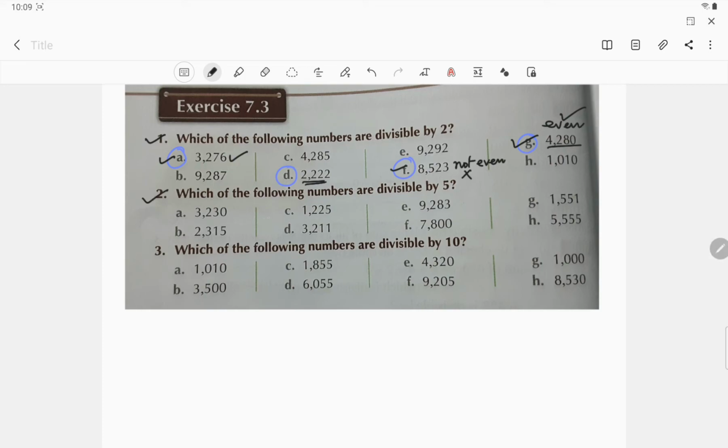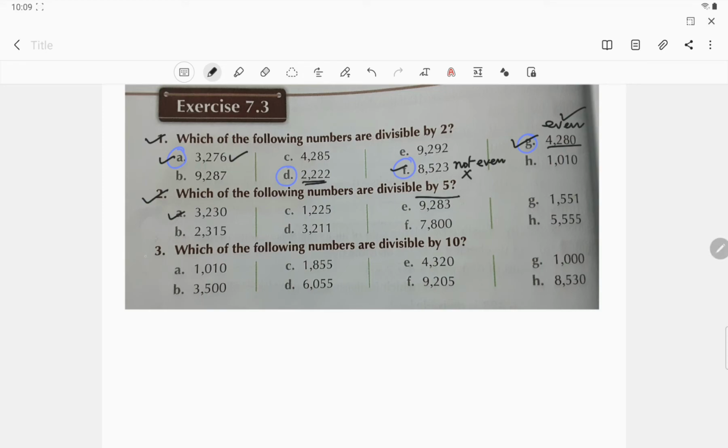Now 2 number, which of the following numbers are divisible by 5? I told you the rule is if any number contains 0 or 5 in the ones place, then the number will be divisible by 5.